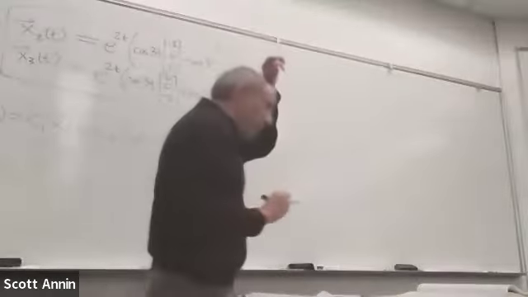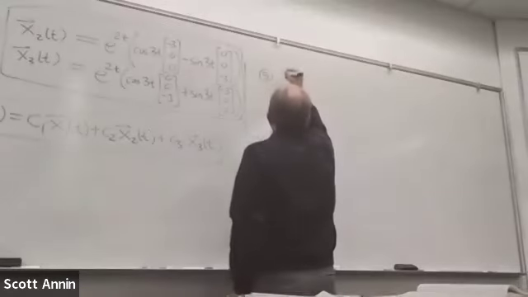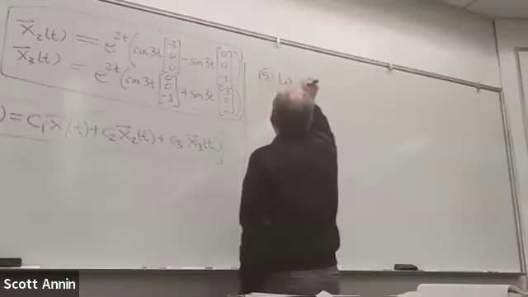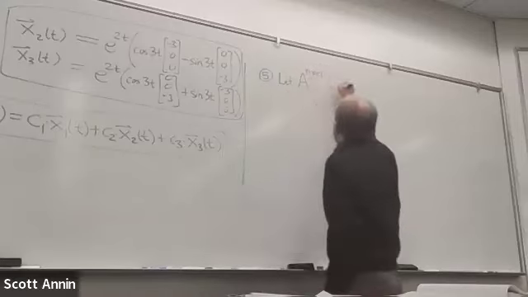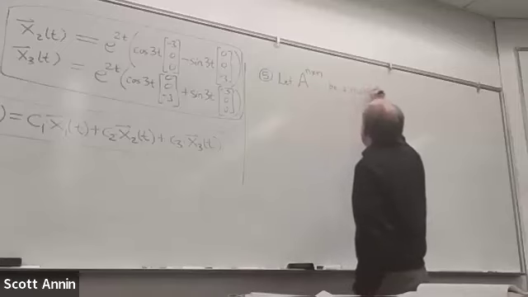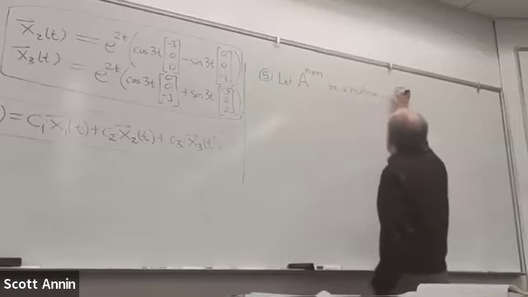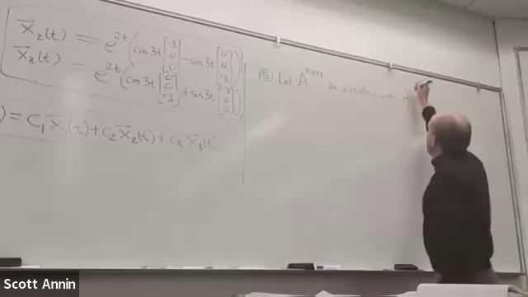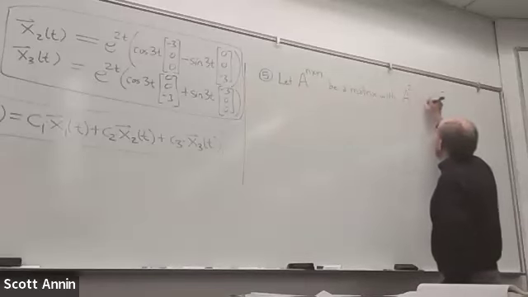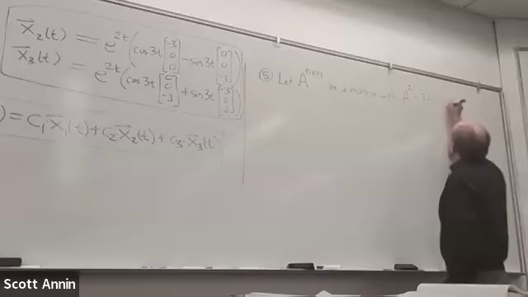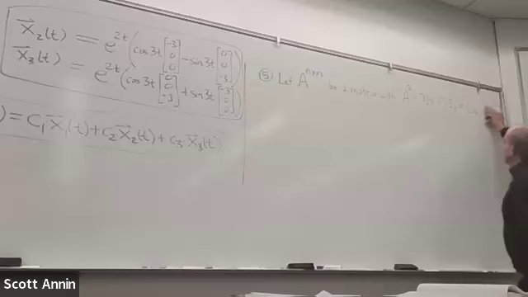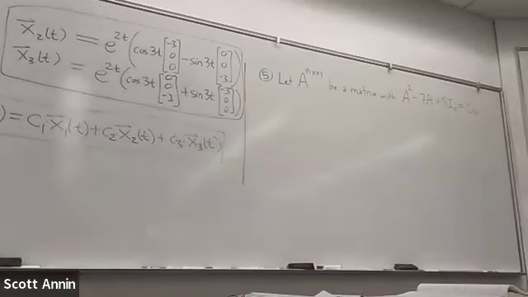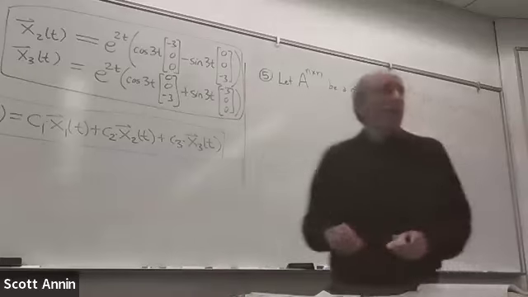So I'm going to give you this problem. Let A, which is n by n, be a matrix with A squared minus 7A plus 8 times the identity equal to the 0 matrix. Okay, so I'm going to make an equation here.